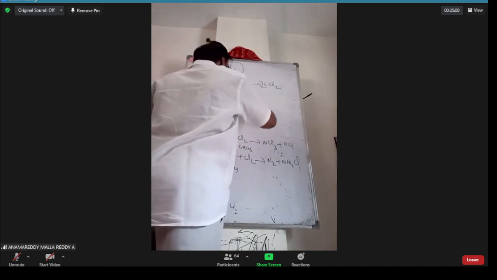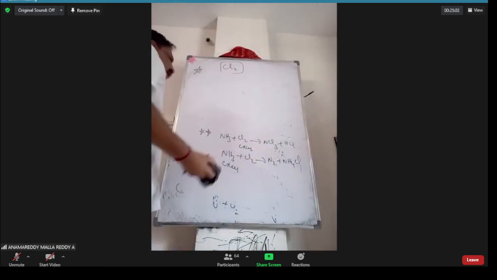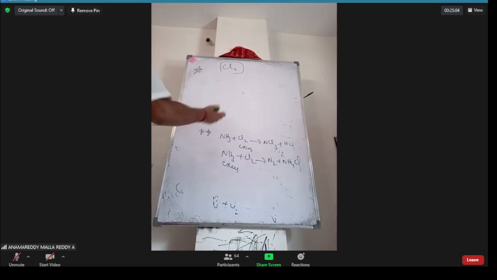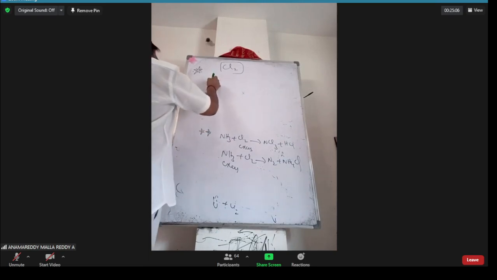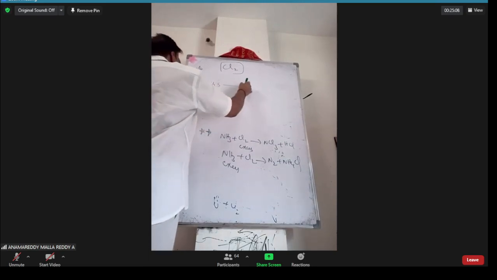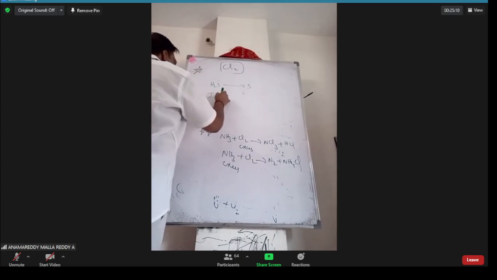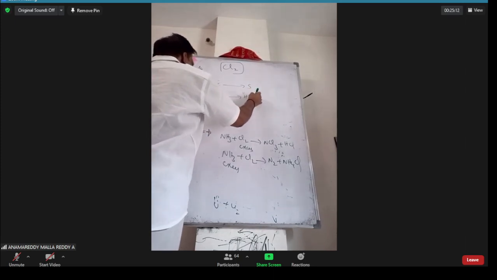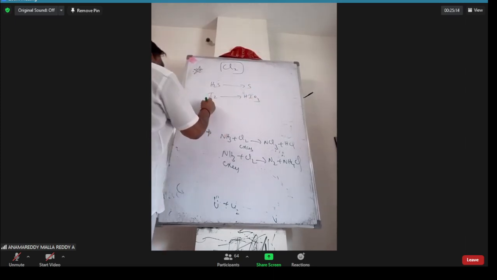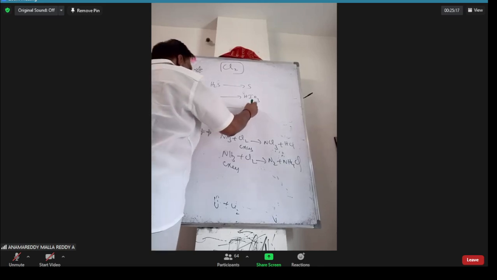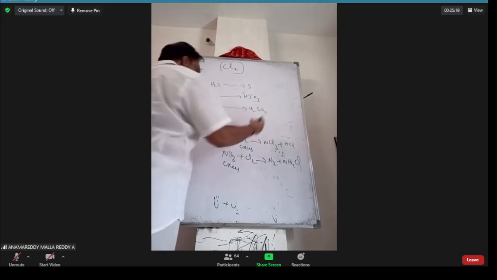And it acts as an oxidizing agent. Chlorine is an oxidizing agent. It oxidizes H2S to sulfur, iodine to iodic acid, sulfur dioxide to sulfuric acid.